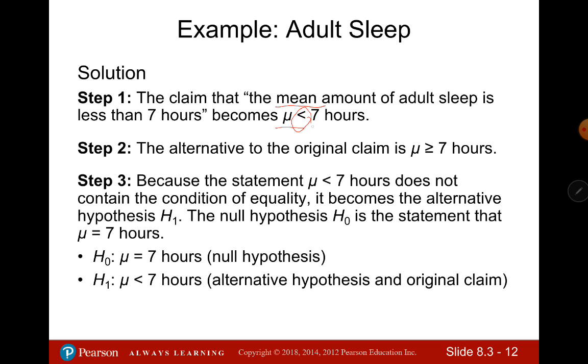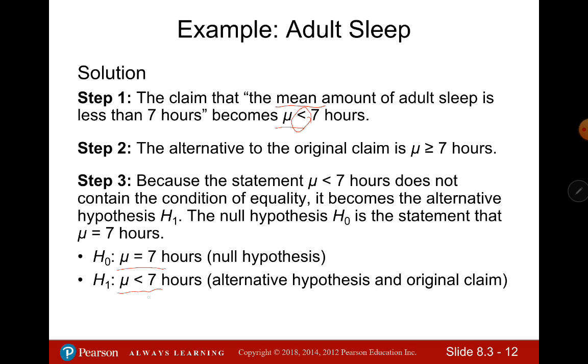If this one goes to the alternative, we could easily find the null, right? We only need to change the less than sign to the equal sign. So we will get our null hypothesis. Again, the only possible sign in your null hypothesis is just the equal sign.